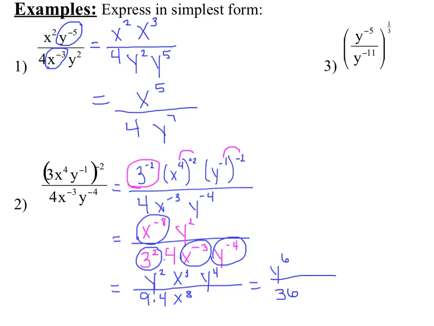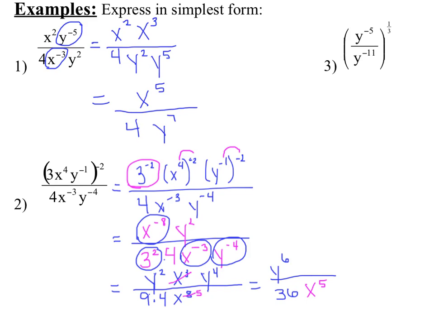And then x to the third divided by x to the 8th, I can cancel 3 x's, so it'll become x to the 5th in the denominator. And that's my answer. I can't cancel any more y's or x's and can't simplify my values anymore. So I'm done.